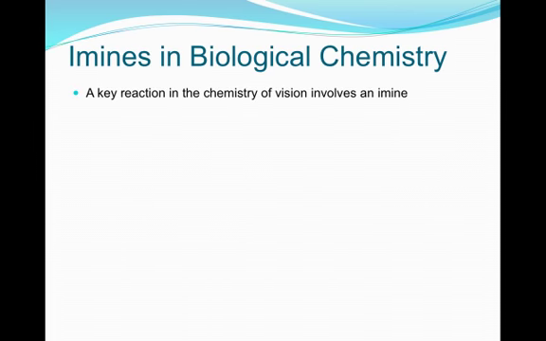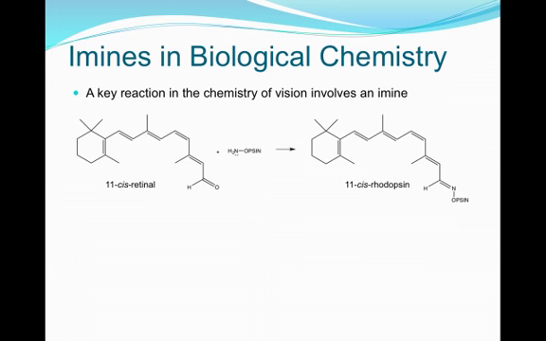Several imines play important roles in the chemistry of biological systems. For example, an imine-containing protein, known as rhodopsin, is involved in the chemistry that underlies human vision. Shown here is 11-cis-retinal. It is derived from vitamin A and features an aldehyde.